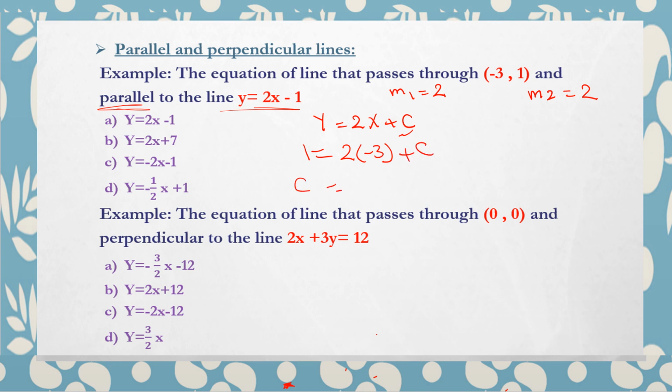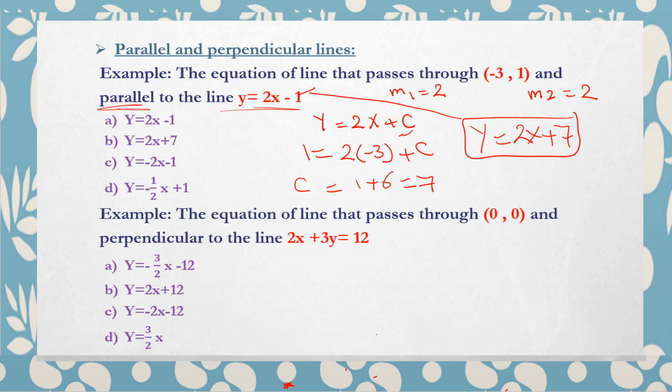So c equals 1 plus 6, so this equals 7. And the equation of the second straight line, or L2, equals y equals 2x plus 7. And this line is parallel to this line. And the correct answer is B.